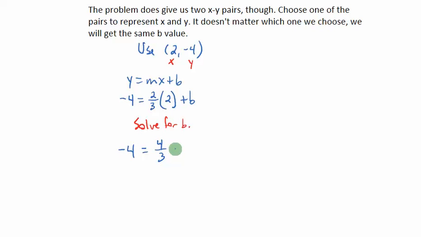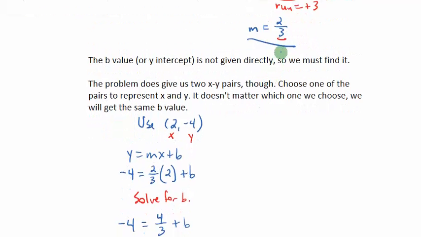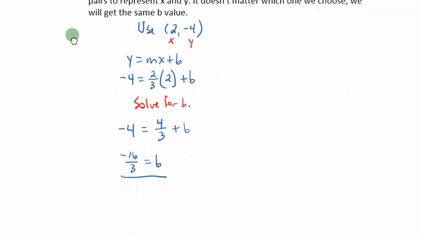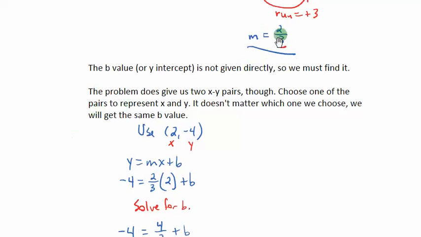Copy down my -4 plus my b. Then I'll subtract 4/3 from both sides, and I'll get -16/3 when I subtract 4/3 from -4, and that equals my b value. So now I've got my b value, which is -16/3, and my slope m is 2/3.